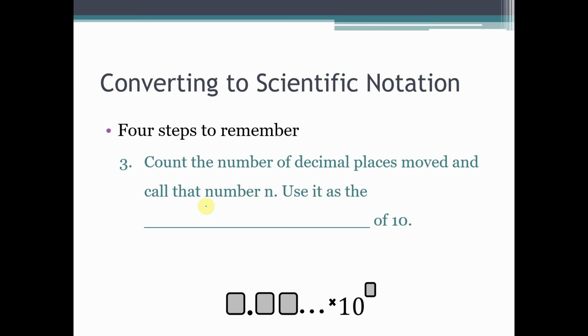And n becomes the exponent of 10. So if you moved your decimal point 7 spaces, then you would have an exponent of 7 right here. If you moved your decimal point 23 spaces, you would have an exponent of 23. This is your n value in this box.